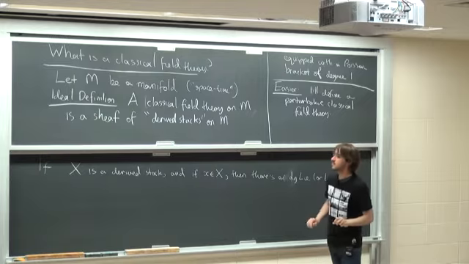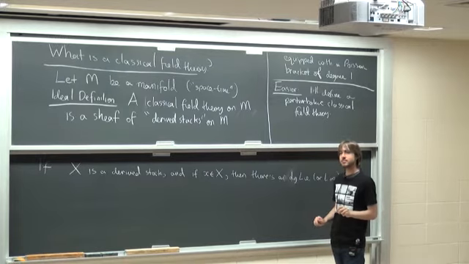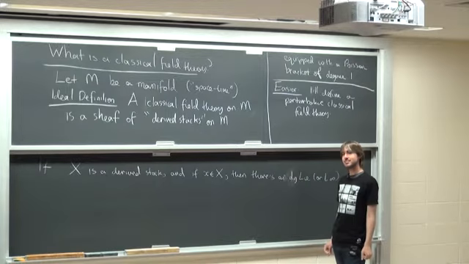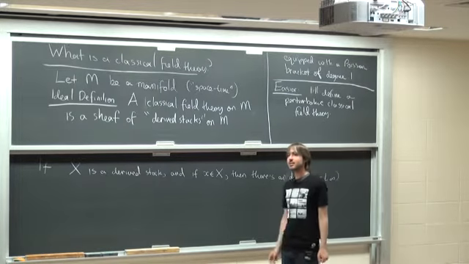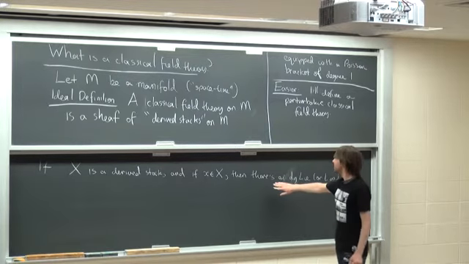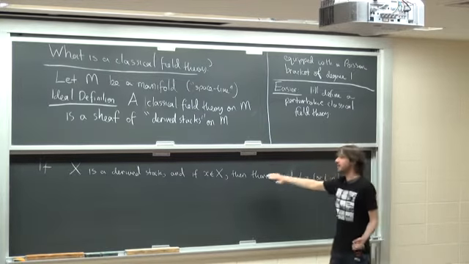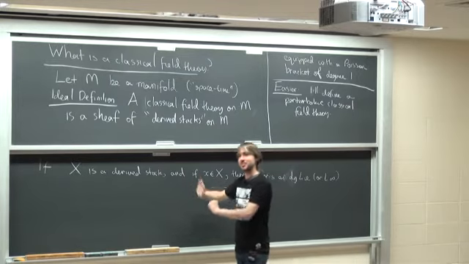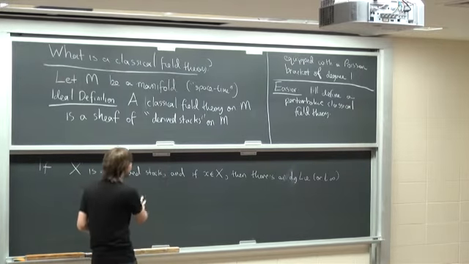Fancy words, derived stack. Can you, like in ordinary English, say it's some set of something with an equivalence relation on it, like the solutions of something? Yeah, exactly. But when we make things perturbative, we'll just say it's just a Lie algebra. It's much more concrete. Okay.